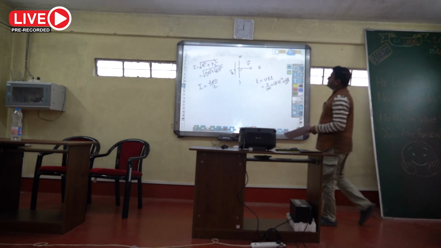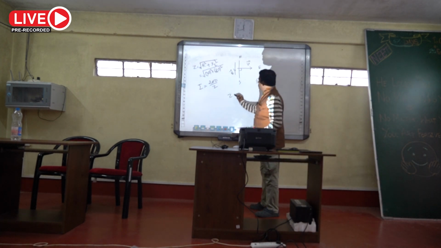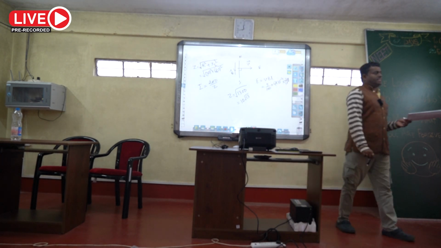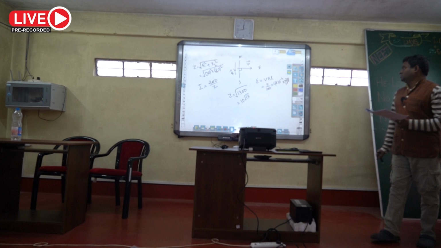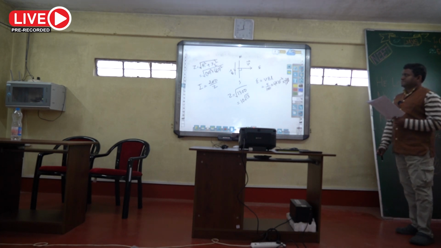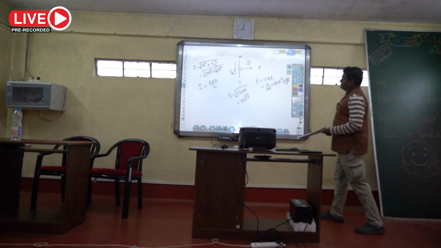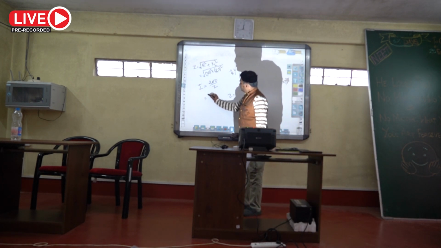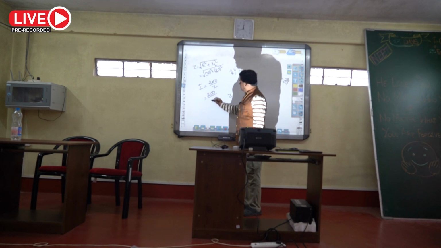It is coming Z equal to root over of 1300, that means 10 root 13. Then 200 by 10 root 13.